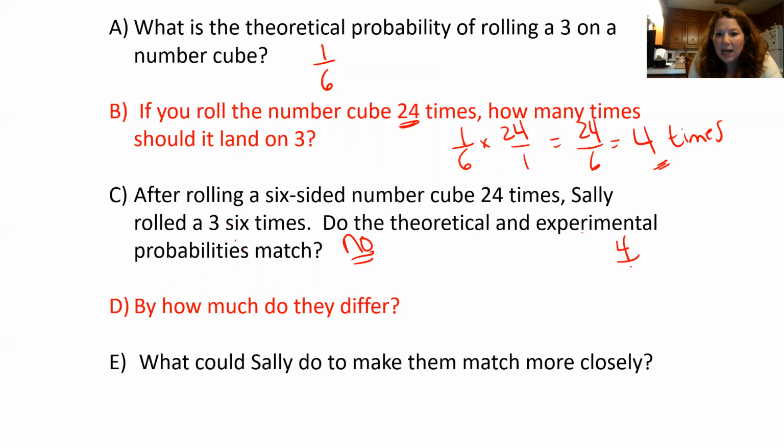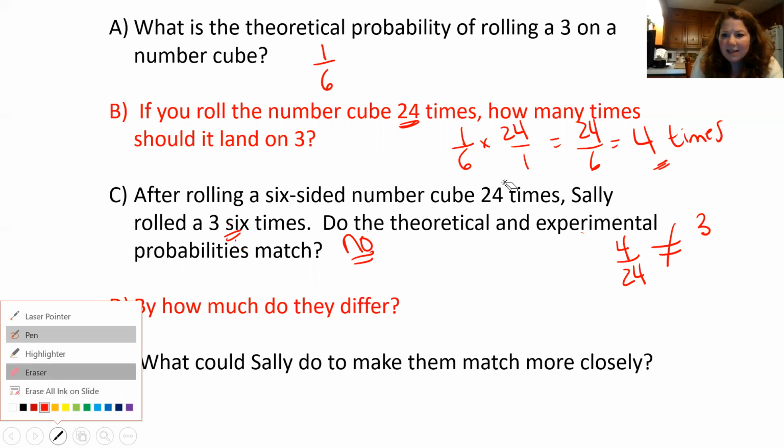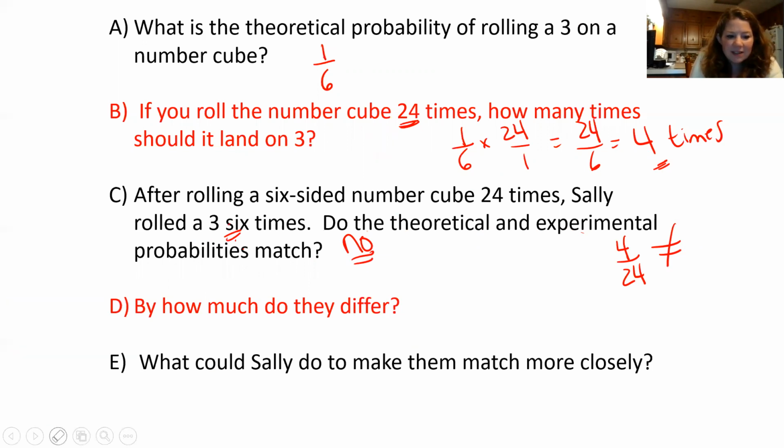Oh, it says she rolled a 3 6 times. So their experiment was 6 out of 24 times. So these two fractions do not equal each other.